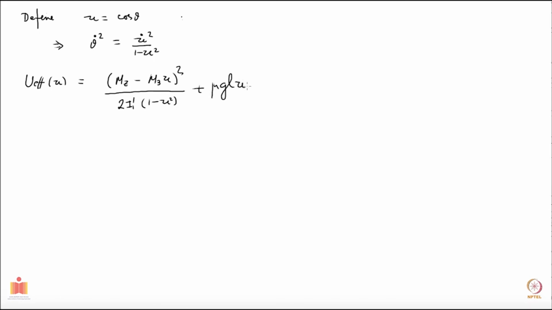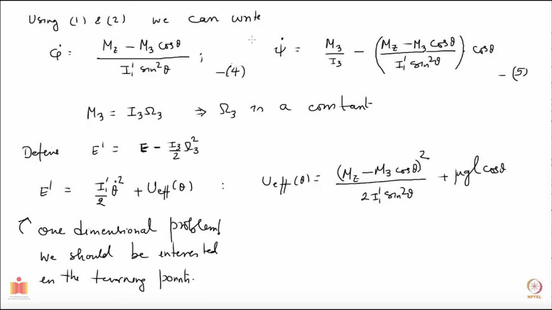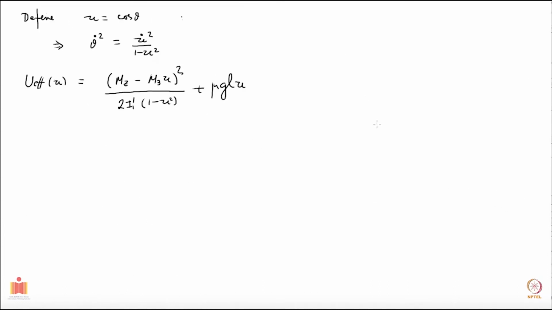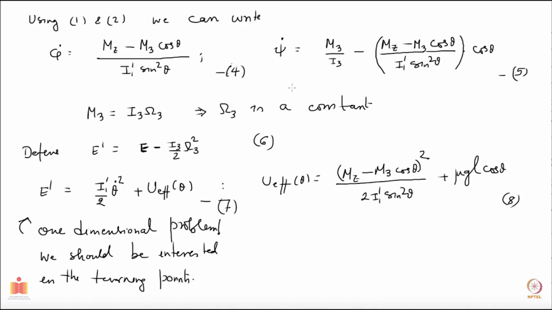Okay, that's what our U effective would be. And if you substitute this, let's call it 6, let's call this one 7 and this one 8, and 9, 10, 11. So I'm going to put 10 and 11 into 7 and 8 into 7.